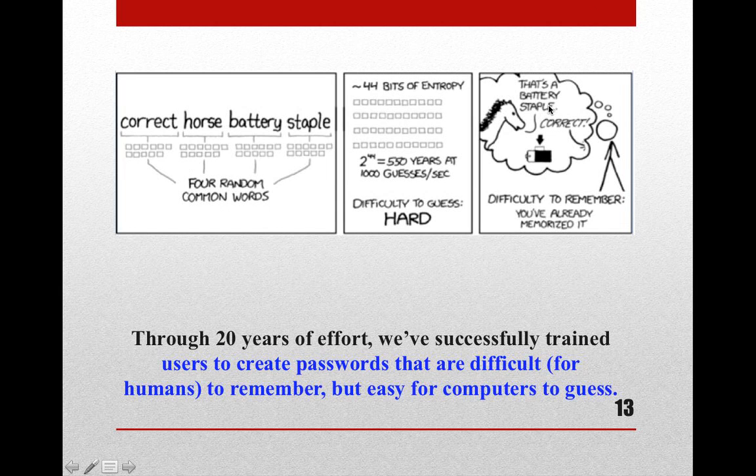What was it? So the point of the cartoon, and I forget who the cartoonist is, so I didn't attribute it to him, is that users create, after 20 years of this, we've helped users create passwords that are difficult for them to remember and easy for computers to guess.